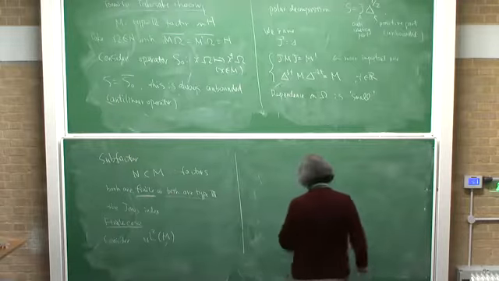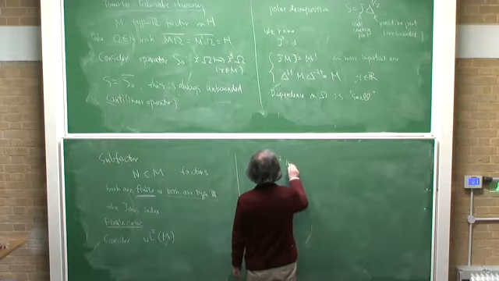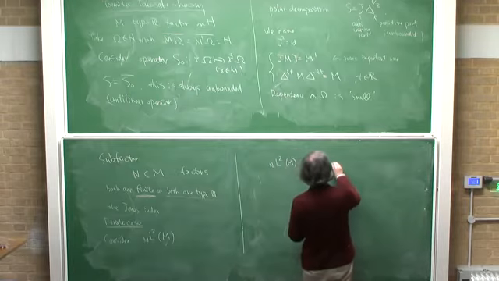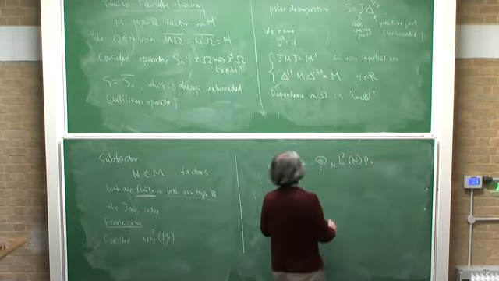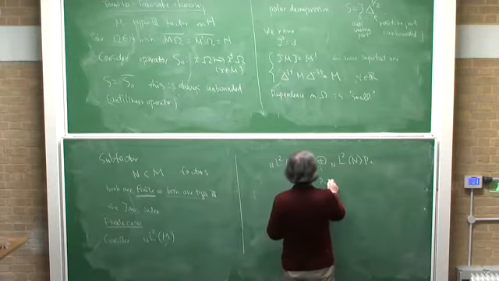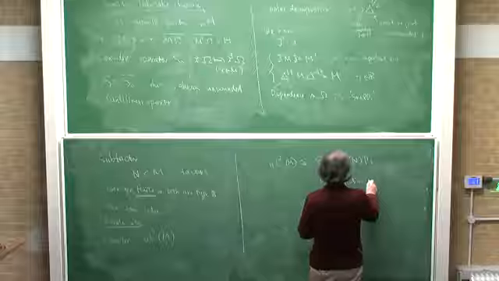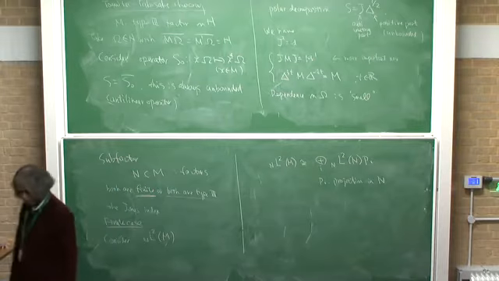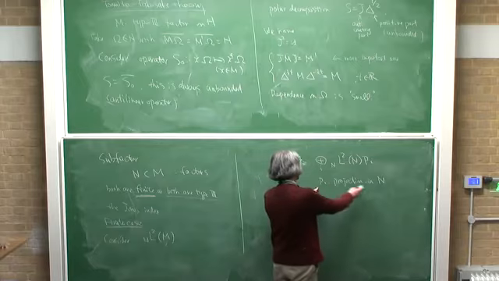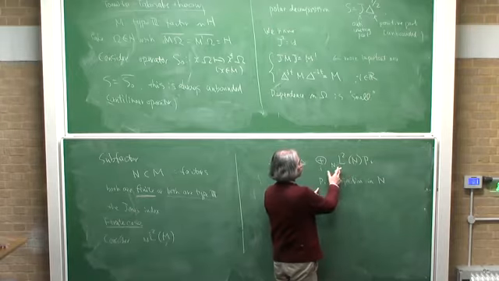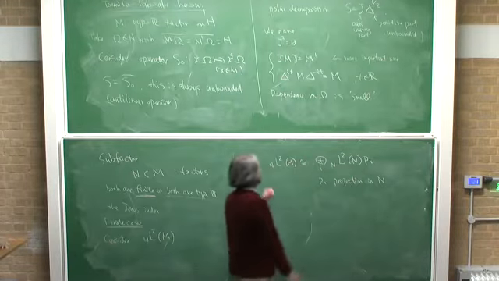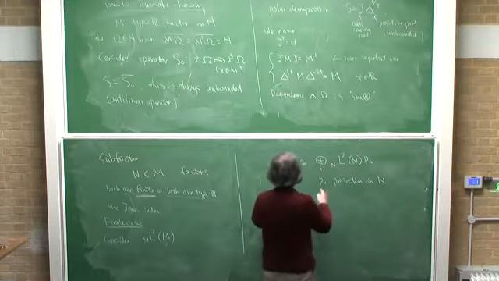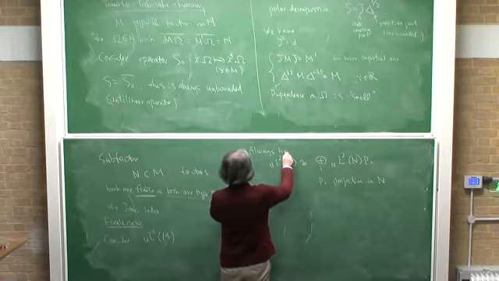Then it turns out that, as a left N-module, this is always isomorphic to L2N times Pi, where Pi is a projection in N. For one copy, we take L2N, which is the Hilbert space arising from the GNS construction of N, and we take a projection in N, and if we apply right multiplication by Pi to this copy, this still has a left action of N. So this is a natural left N-module, and we always have this isomorphism.